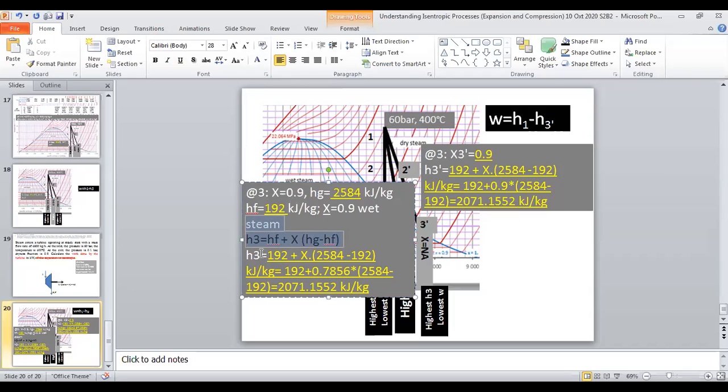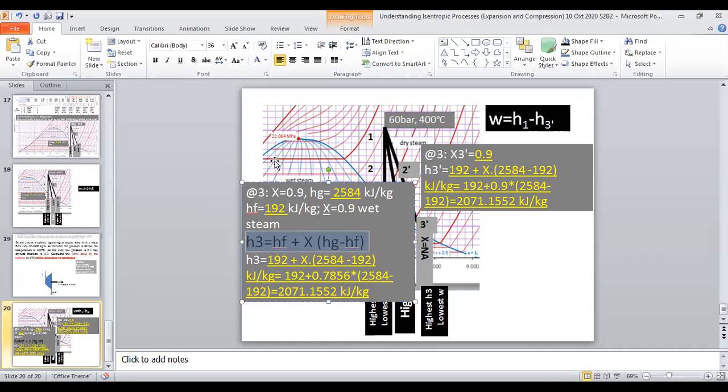That is very important. Units you have kilojoules per kilogram.